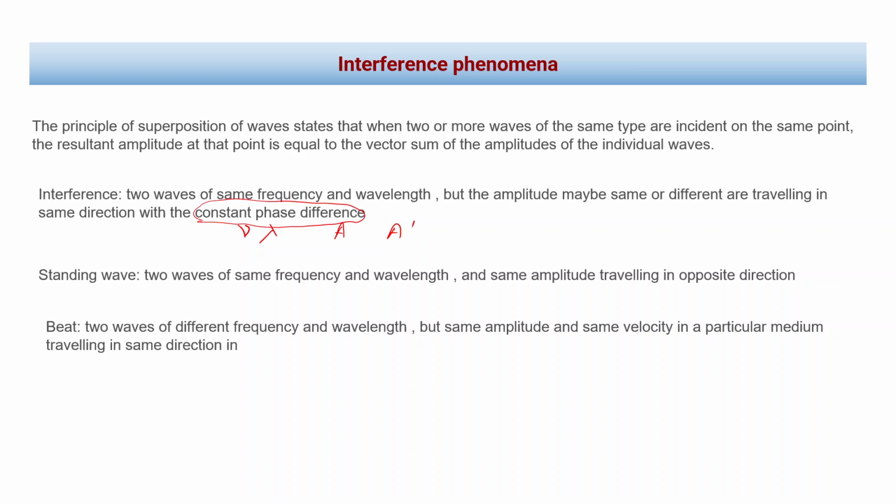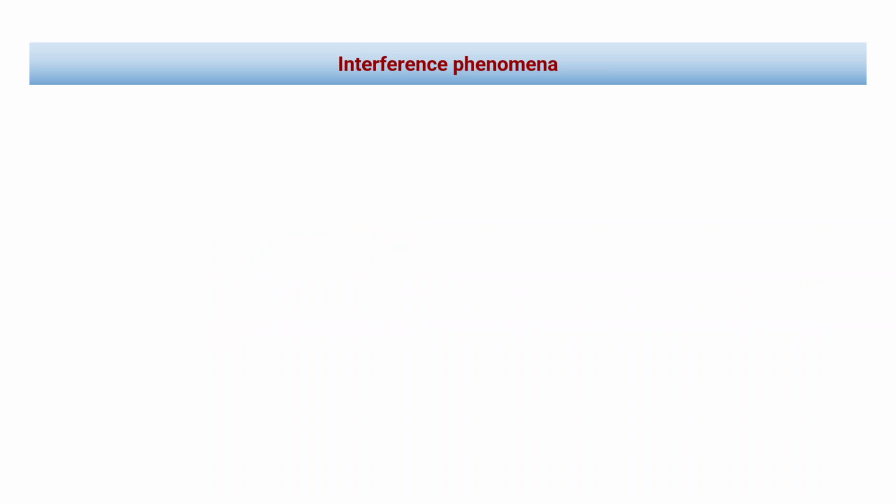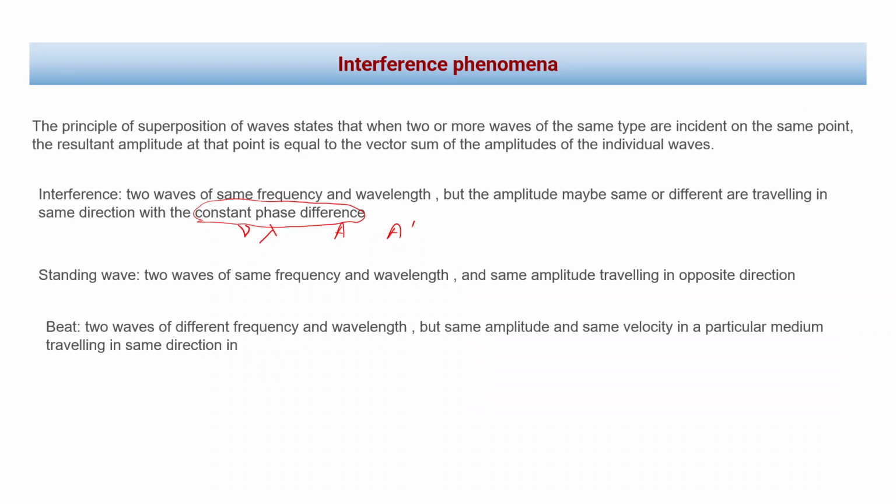When such two waves travel in the same direction, so this is what we show. Maybe I have some diagram, maybe not, let's see. Imagine that I have a source and I throw a pebble in a water body, so there will be ripples generated, right? We show it like this.